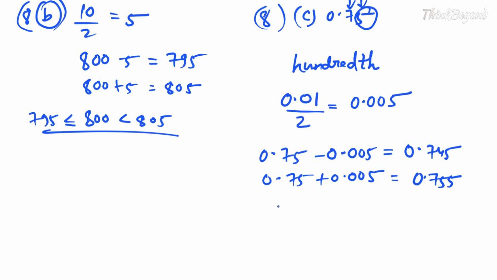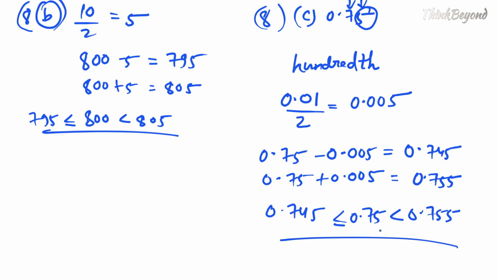Now write the inequality: 0.745 ≤ x < 0.755. This is the answer for question number C.